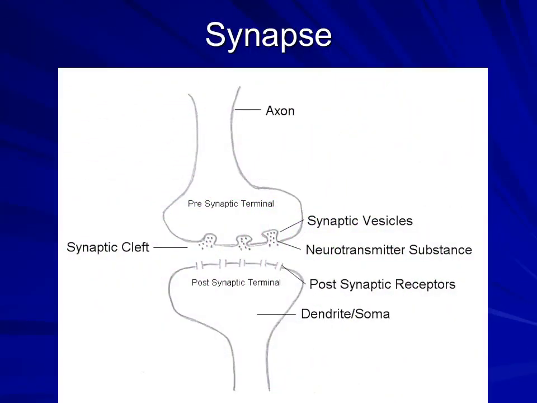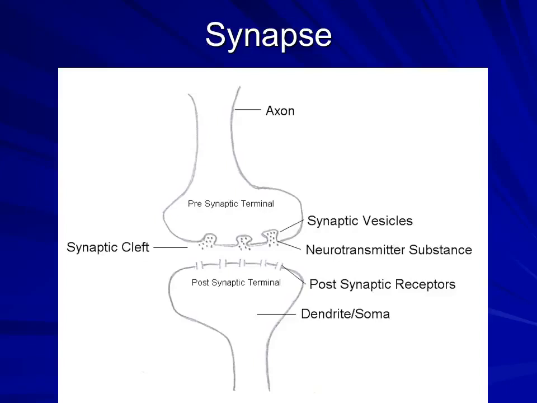Here's a cartoon picture of a synapse. So we have the axon of one cell, and it's coming close to the dendrite of another cell. The axon has a presynaptic terminal that has little vesicles in it. Just think of these vesicles as jars, and they contain chemicals, neurotransmitter substances.